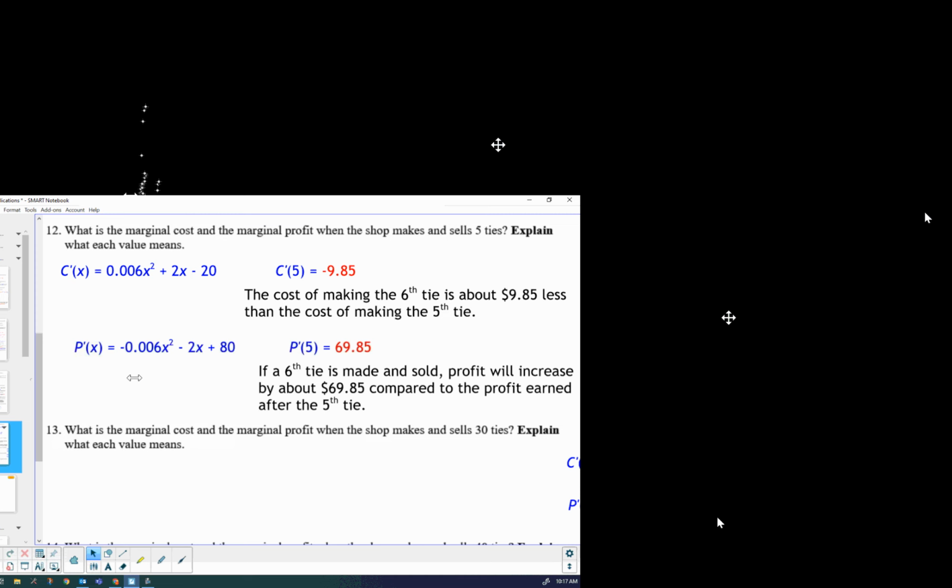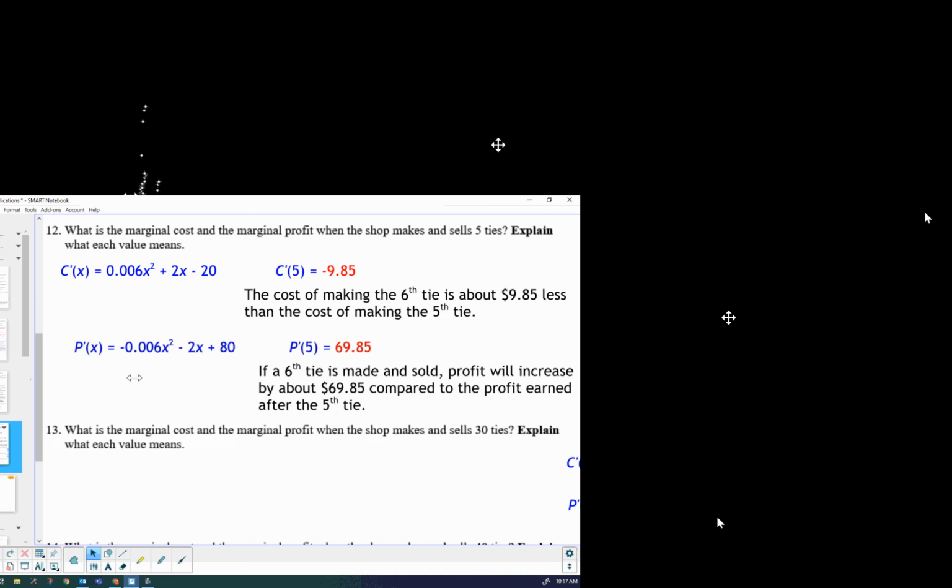Say that once more. My total profit increases by $69.85. The reason is because my cost decreased by $9.85 and selling one more tie gave me $60 plus that decrease in cost.